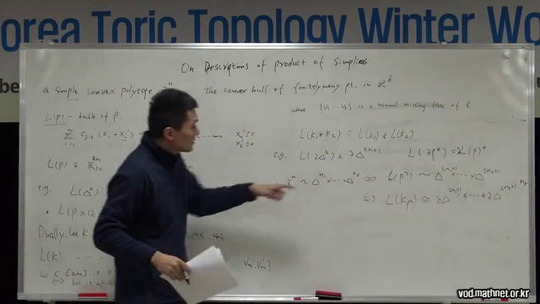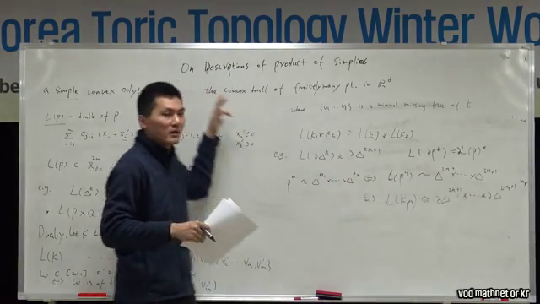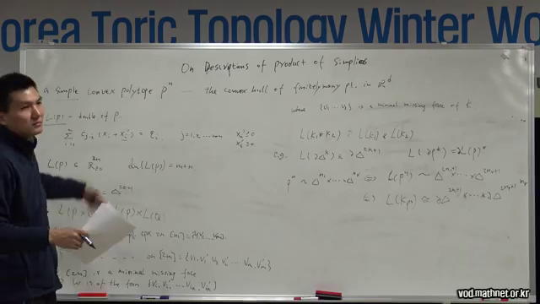Okay, so the meaning of this and this are different. You see, because this is a simplicial complex, this is a polytope, but I define them both, right?